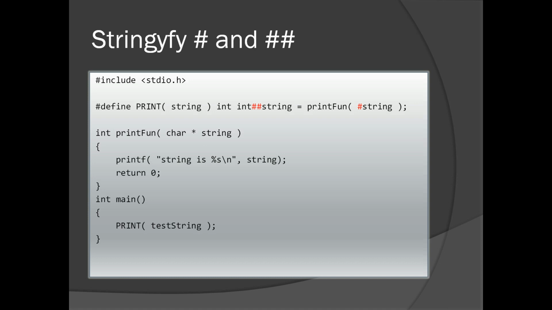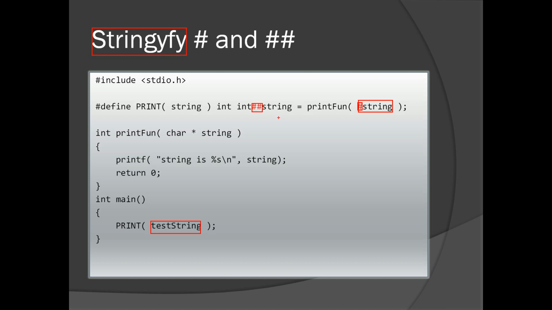This is another preprocessing technique called Stringify. The technique is this. You give a string to this particular macro. That string will be copied here after a single hash, and it will make a data type out of it with a double hash.